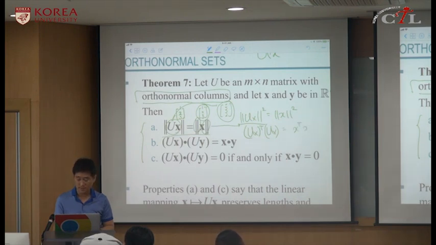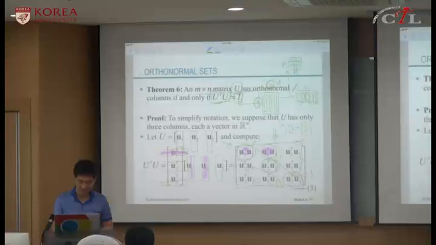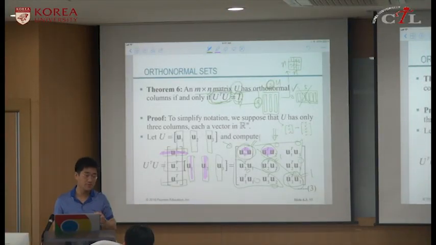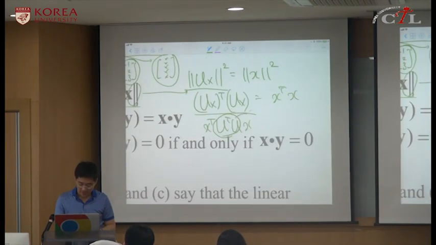And then this is x transpose, U transpose, U, and x, right? And then what about this matrix product in the middle? We already studied that this U transpose U is the identity matrix. So this becomes the identity matrix, and thus x transpose x is the same as the original one.